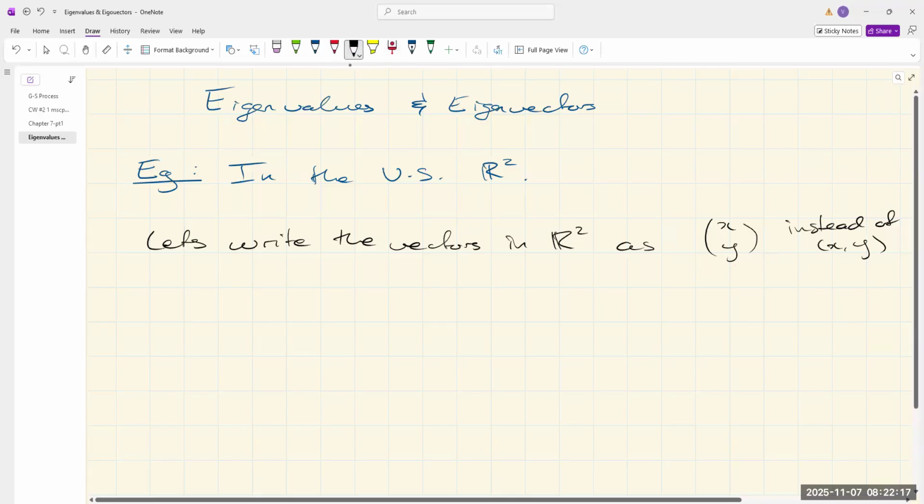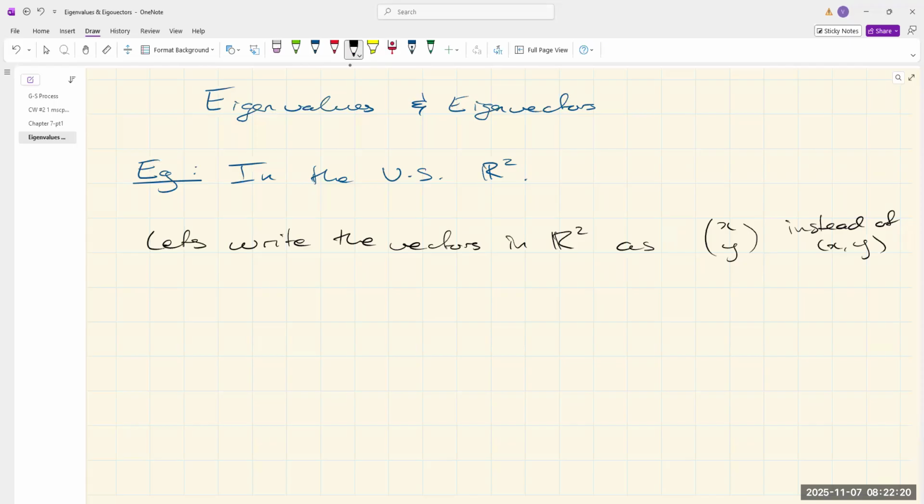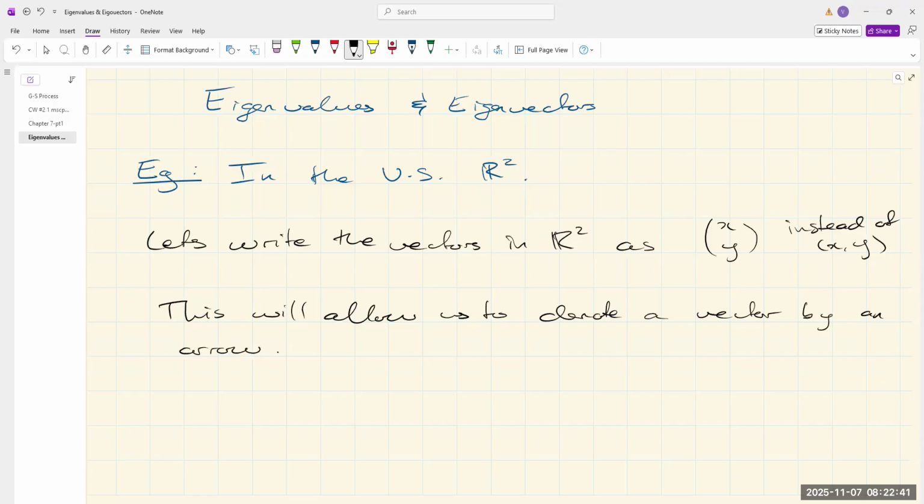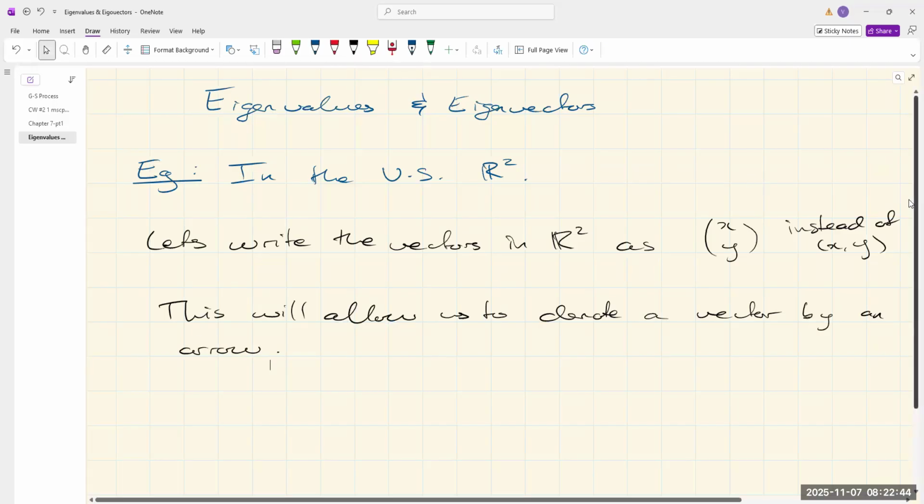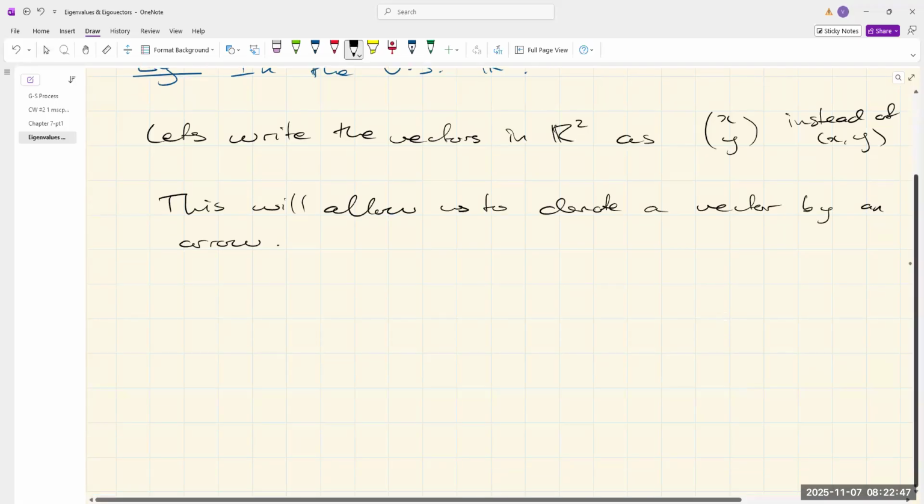The reason for that is because this will allow us to denote a vector by an arrow. So we're going back to the idea of a vector that you would have come across in your high school class, which was that vectors were, in some sense, arrows.